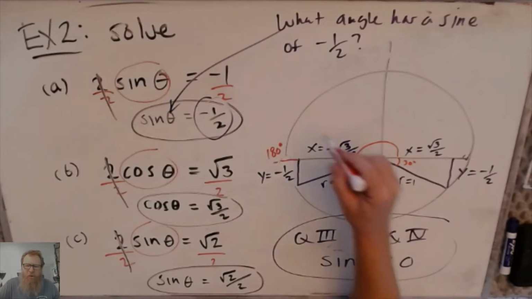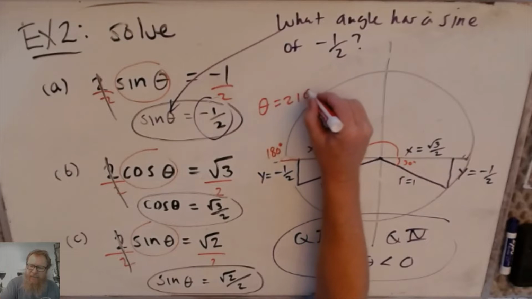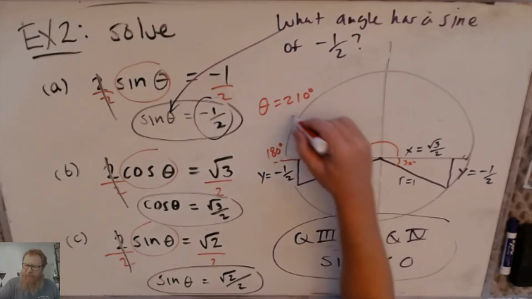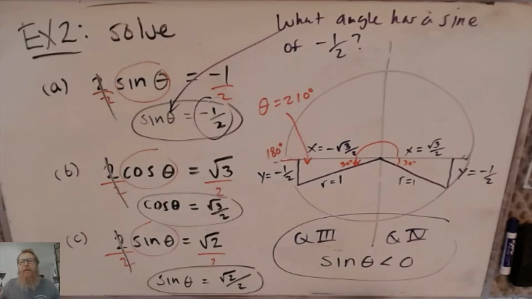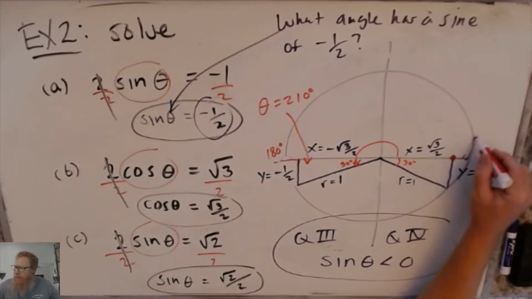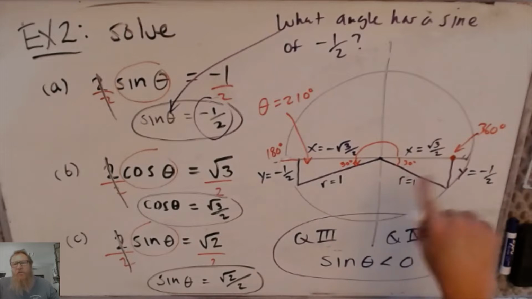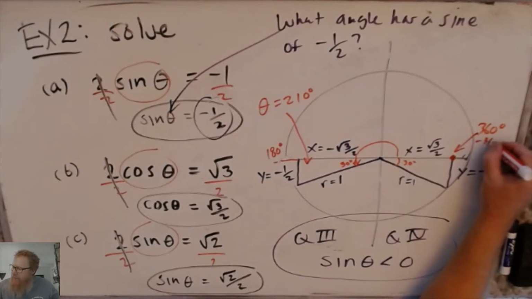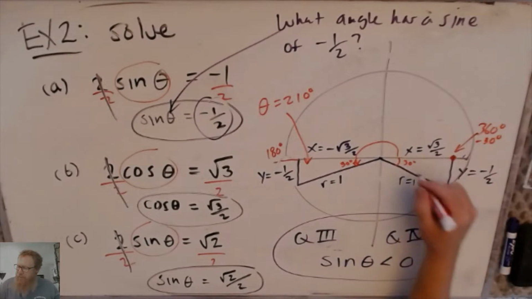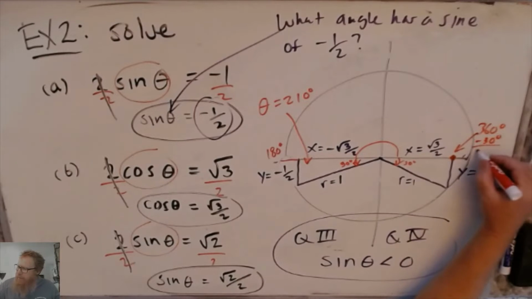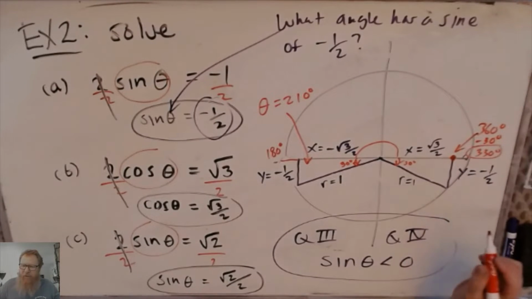So that's 210 degrees. That's this one. And then for this one, you're going to go 360, that's a whole circle, minus 30, because you're going backwards down 30 degrees. So that would be 330 degrees.